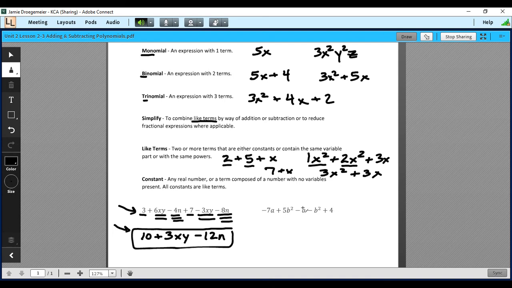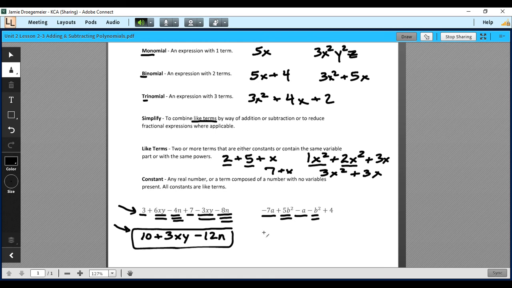All right, our next one, again looking for like terms. This negative 7a and negative a would be like terms. The 5b squared and the negative b squared are like terms. And then I just have the one constant, so there won't be anything to combine it with. Negative 7a plus negative a, and remember that's the same as negative 1a.